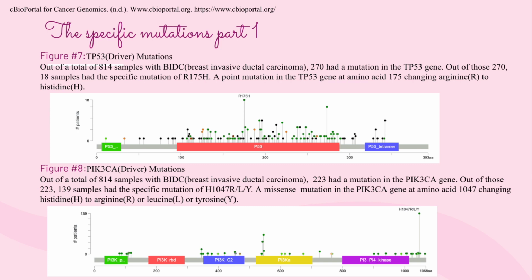This is a missense mutation, which causes the amino acid at 1047 to change from histidine to arginine or leucine or tyrosine. It doesn't really matter, it's just one of those three. Any of them will still have a negative impact, and all three are the ones most commonly found.